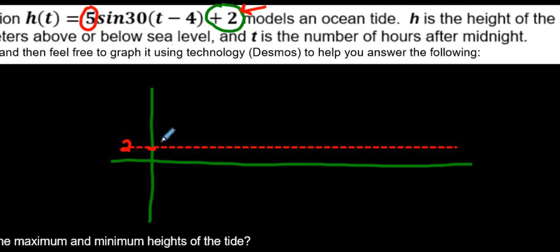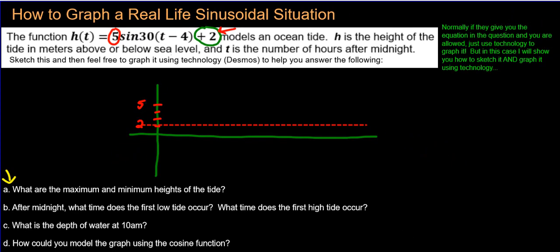So we have a 5 here. That means it's going to go up 5. So 2, 3, 4, 5. It's going 5 up. Our curve is going to go from here 1, 2, whoops. Do you see my mistake there? 2, 3, 4, 5. We need to go like this. 2, and then from there, it's going 5 up, not up to 5. Do you see my mistake, what I made?